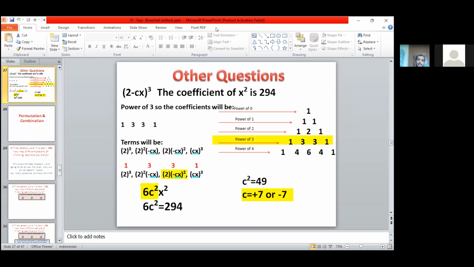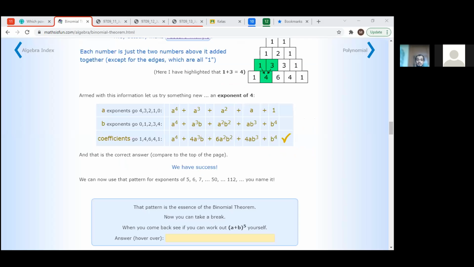Let's add a bit more examples before we continue. Binomial theorem.